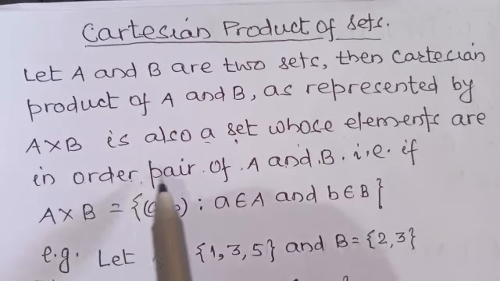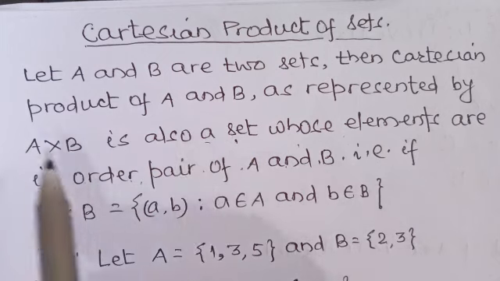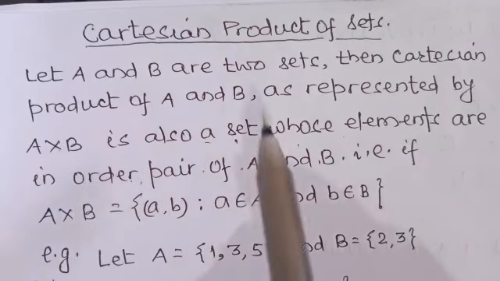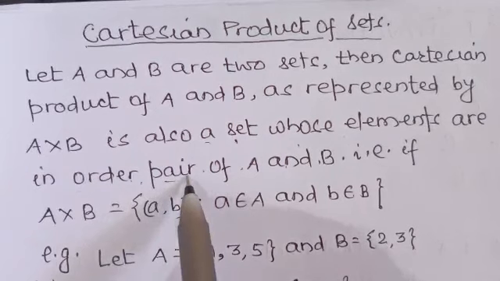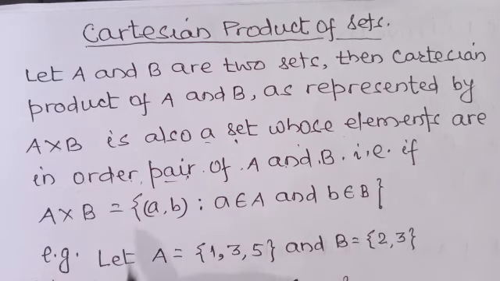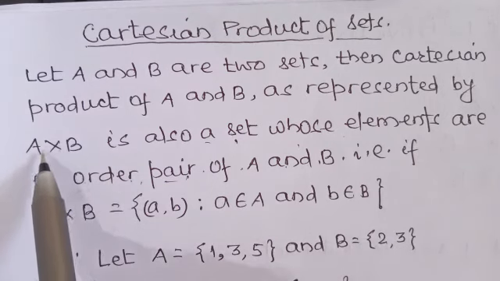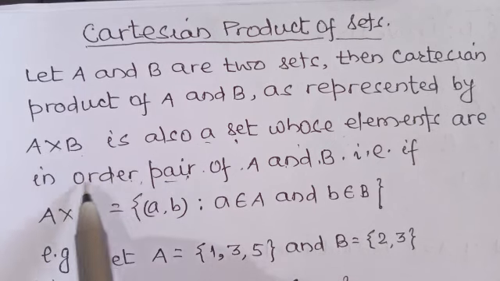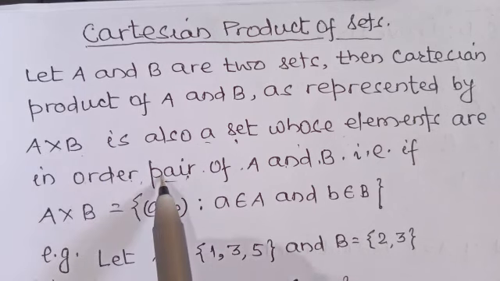That is, ordered pairs. It means A cross B is a set whose elements are in pairs, each element containing two elements. The first belongs to set A, and the other one belongs to B. That is called an ordered pair.